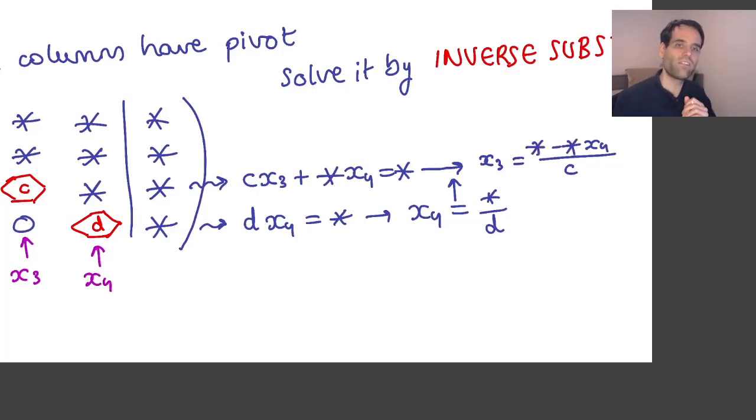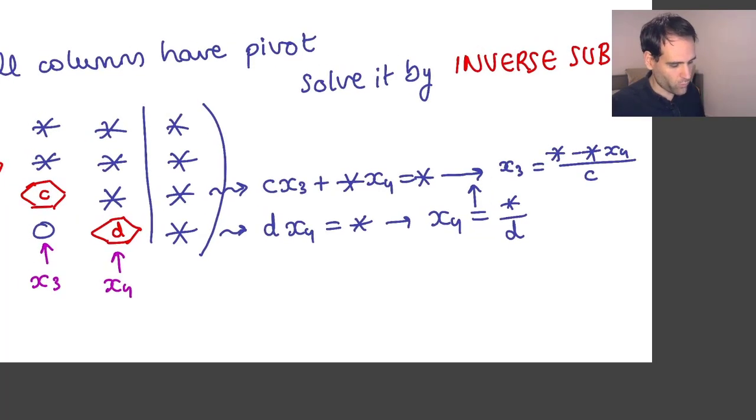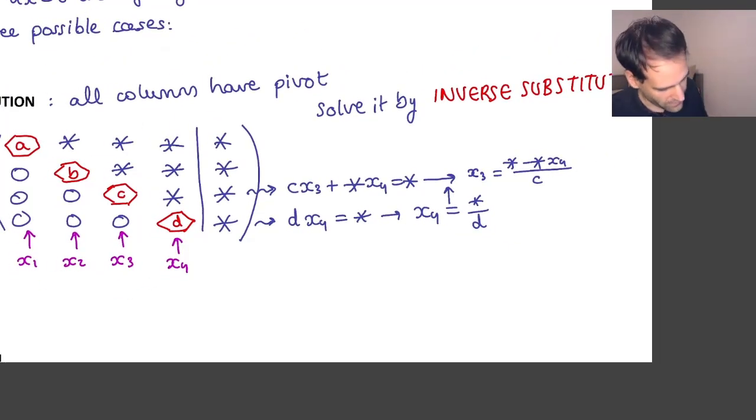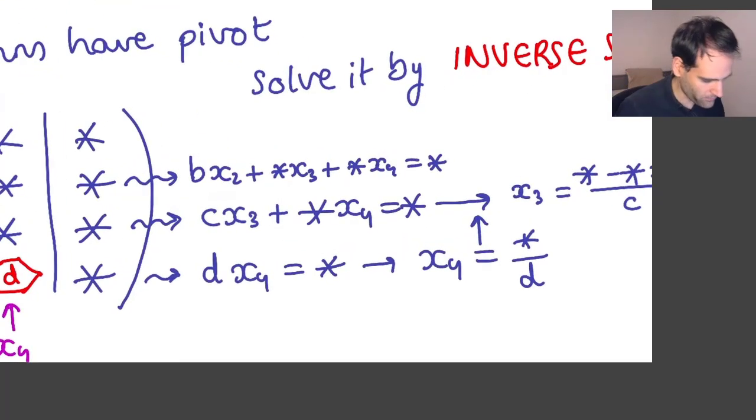So we can solve x3. Now, since we know x4 and we know x3, we can solve the next row. So the next row says b times x2 plus some asterisk times x3 plus some number times x4 equals some other number. Since we know x3 and x4, we can solve for x2, right?